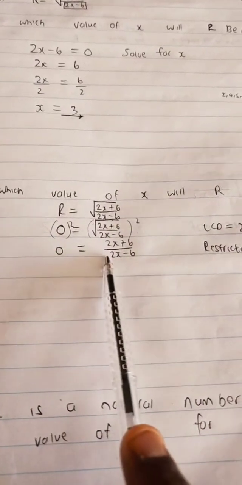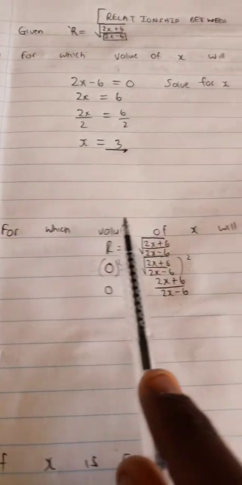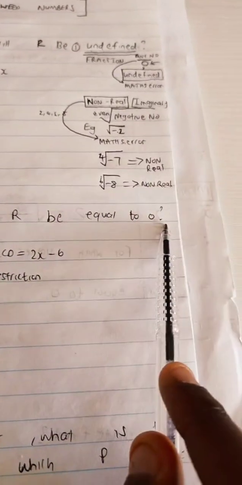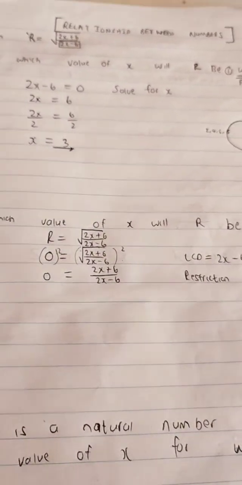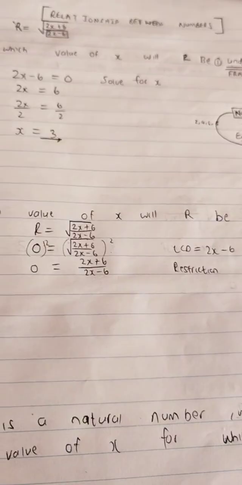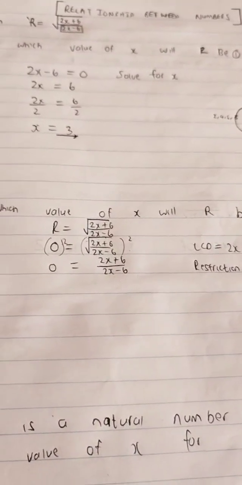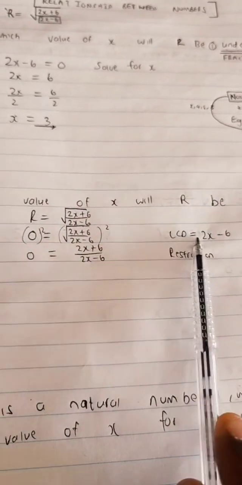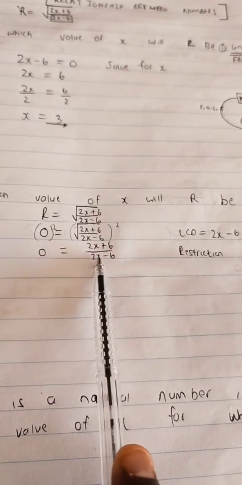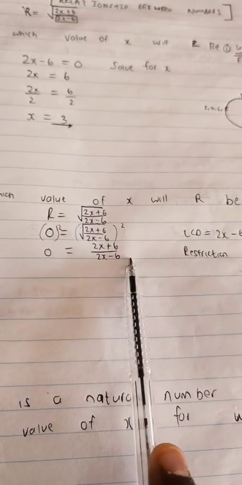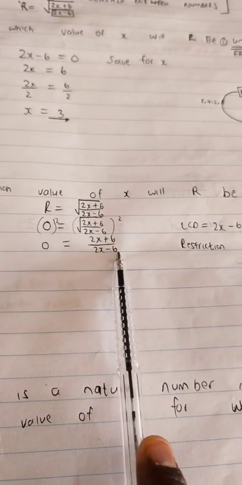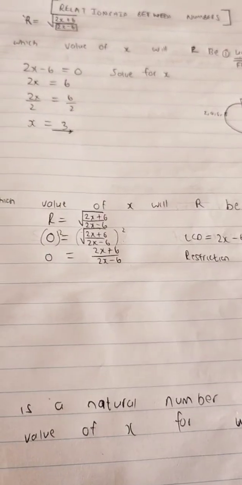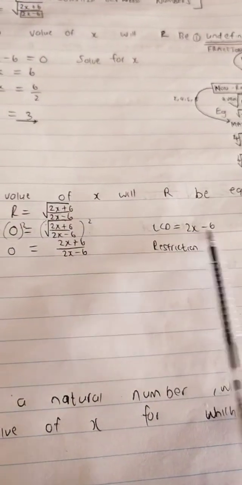We want the value of x that will make r be equal to 0. We want to ensure that no other values interfere with that. The LCD of this equation is 2x minus 6, because this is the only denominator that we have. The idea of cross multiplying is definitely okay as well, but I want you guys to understand that the LCD is 2x minus 6.